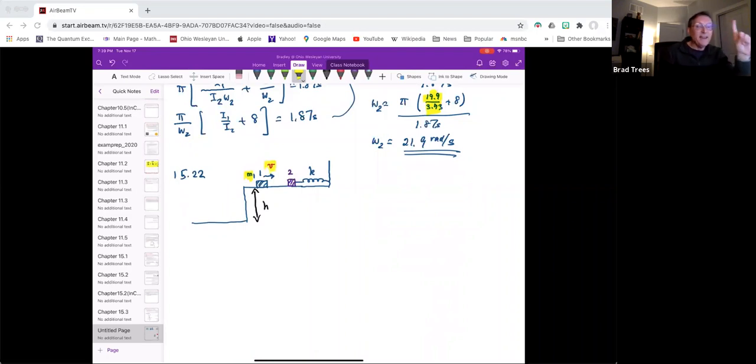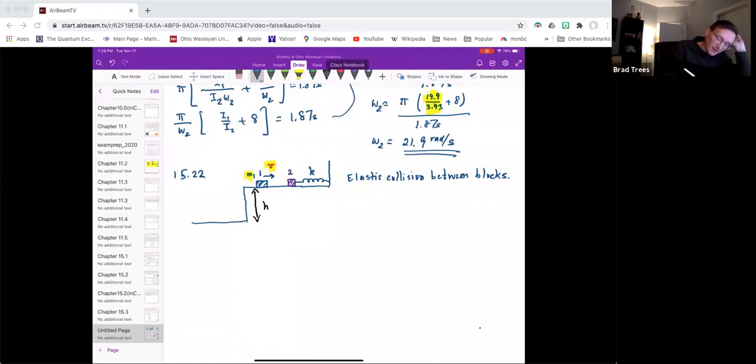It undergoes an elastic collision. And let's take every word they give us as important. So there's an elastic collision between the blocks. I am told that the spring has nothing to do with the collision.